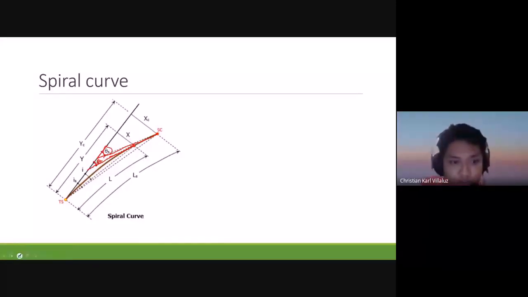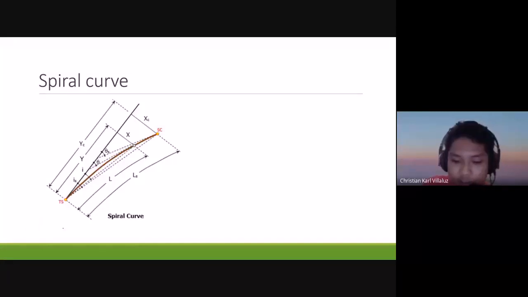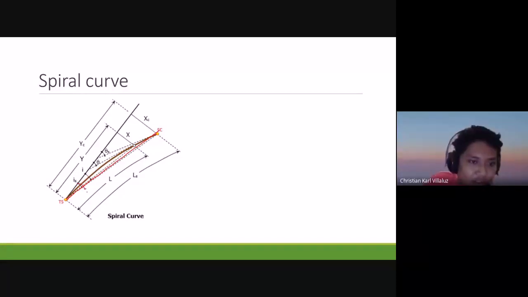May tinatawag din tayong I, or the deflection angle for TS to any point of the spiral. So, ang deflection angle, kung maggagawa tayo ng line from TS to SC, the angle formed from the tangent to that line is called the deflection angle, if hanggang SC, so TS to SC.